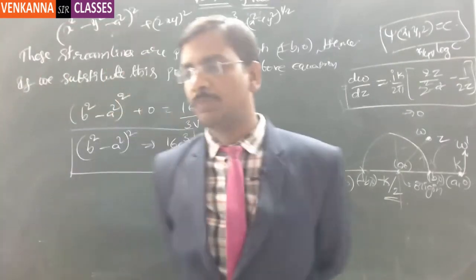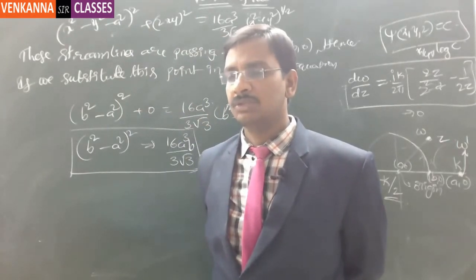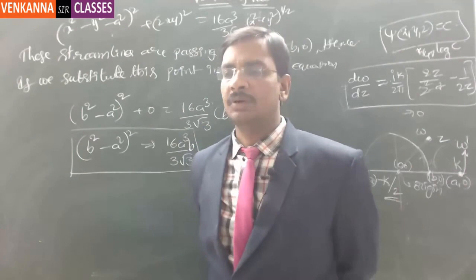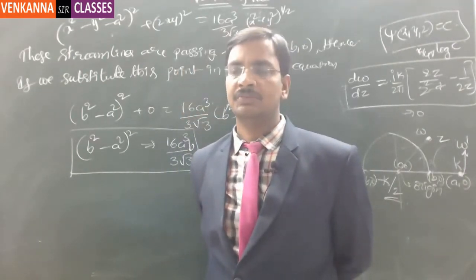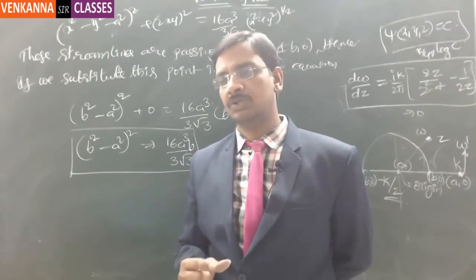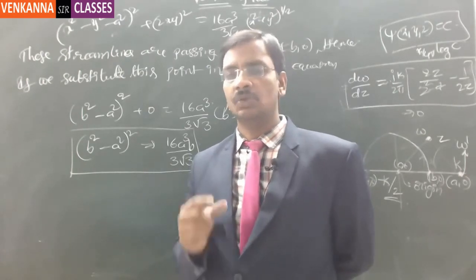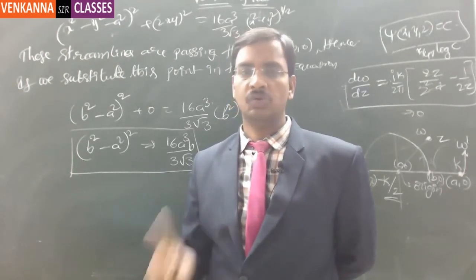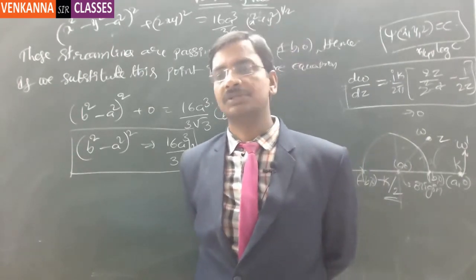I hope you understood the problem and how we are going to deal with it. The summary is, whatever problems we deal with in case of vortices, sources or sinks cover the major portion of fluid dynamics, where you can expect questions: one is the vortex flow, another is the two-dimensional flow. These are the areas where we can expect questions, but both kinds of questions are easier.